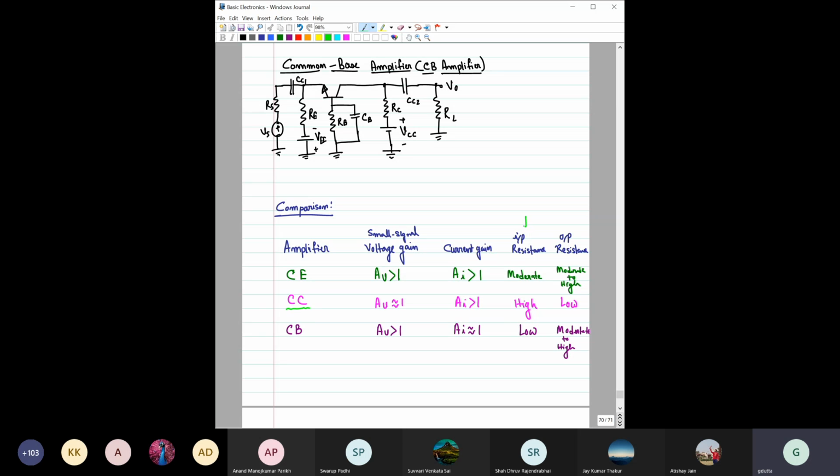If you calculate the input resistance, it would become very high, and this output resistance is pretty low. Even though the voltage gain is close to 1, so basically you are not getting any voltage gain, you are gaining in terms of current.